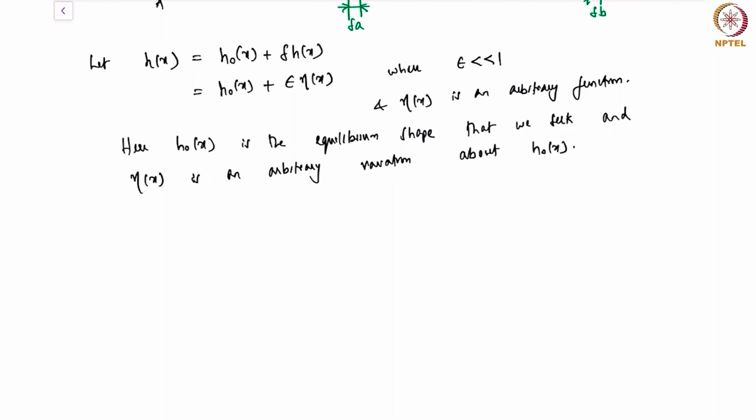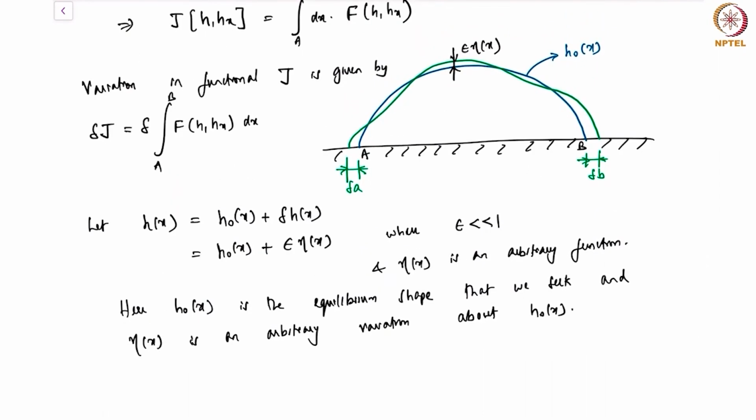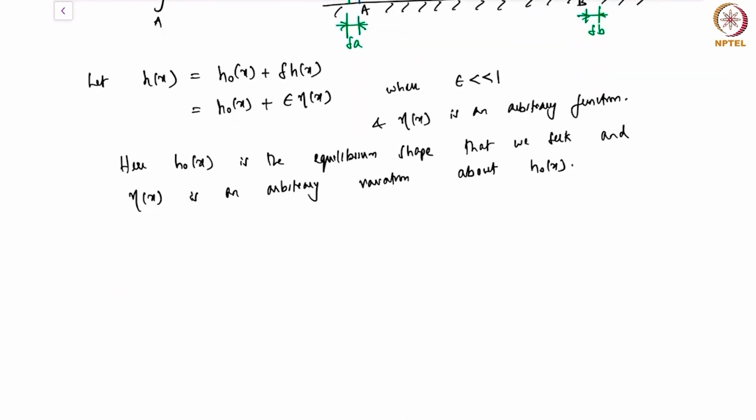There are several ways to do this. One of the ways is to substitute this variation into the expression and do a Taylor series expansion. I will take a slightly more direct approach.